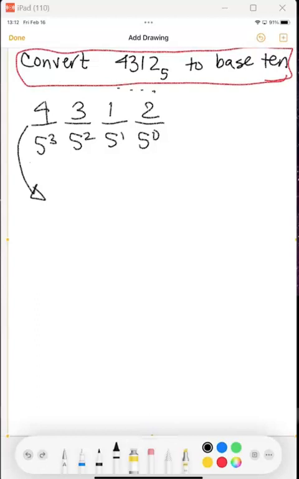And now, because I am a pro at base 10, a method is to convert this to what I think it is in base 10. The way I've written this means I have 4 five cubes, so what is it, 5 times 25, 125. I have 3 five squareds.